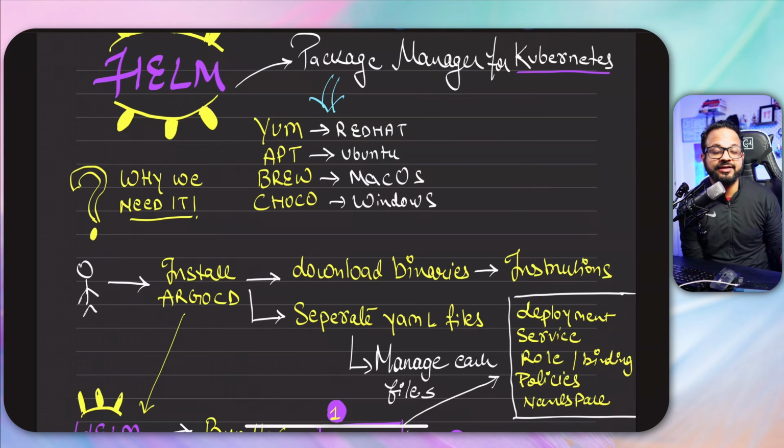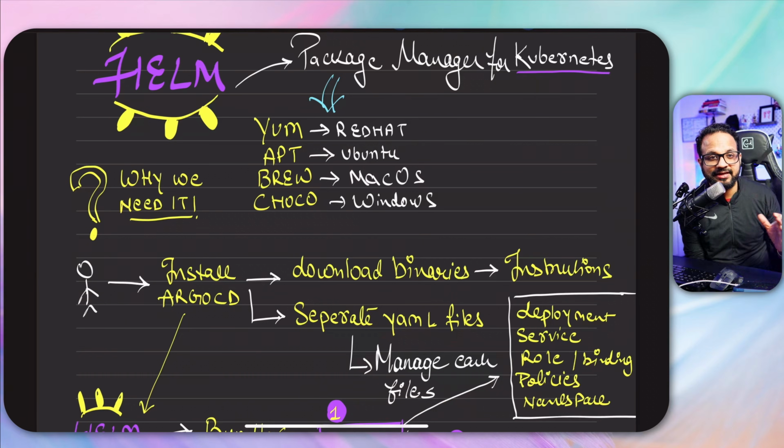There could be hundreds of files per project or per utility that you want to install. And if you are doing it manually, that means you have to manage each of the files manually. You have to make each change manually in all those files, unless you are using a CI/CD tool or unless you have created an end-to-end pipeline to take care of it.